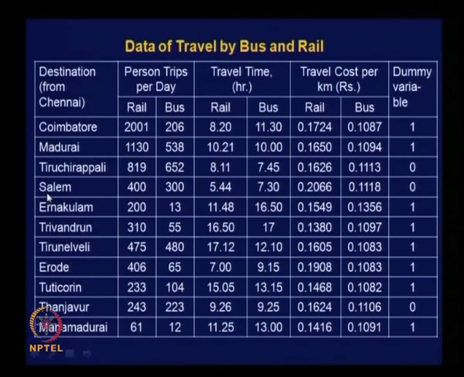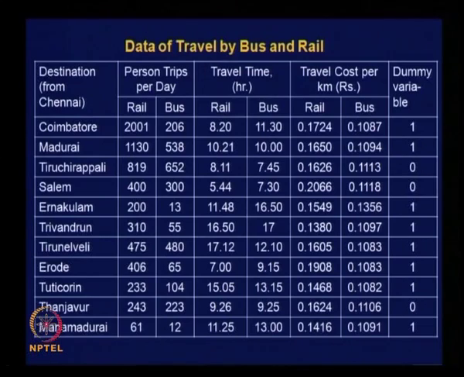Take this case, travel from Chennai to Salem, the travel time is just 5.44 hours by train and 7.5 hours by bus. The share is almost the same, 300, 400. When the travel time is more than 10 hours, for example Madurai, 10.21 travel time, you can see the share by bus is decreasing considerably and rail share is increasing within the state.